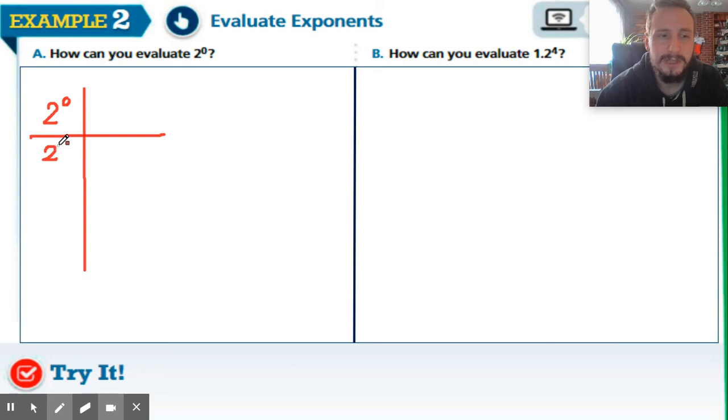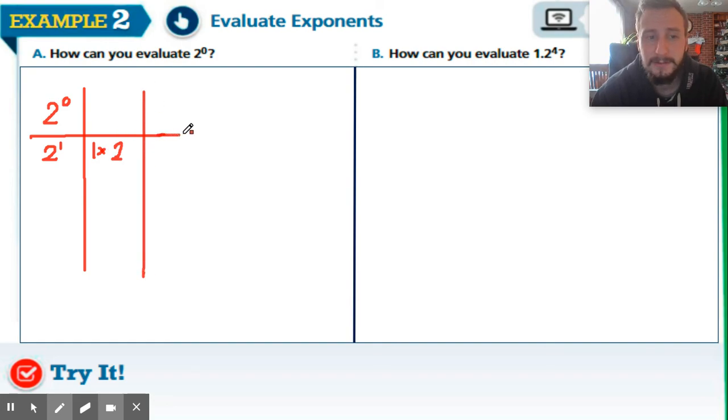2 to the power of 1, technically what that is telling us is that it's 2 written how many times? Well, it's 2 multiplied by itself just once. So 2 multiplied by itself once is really 1 times 2, because 2 is written one time, which is 2.